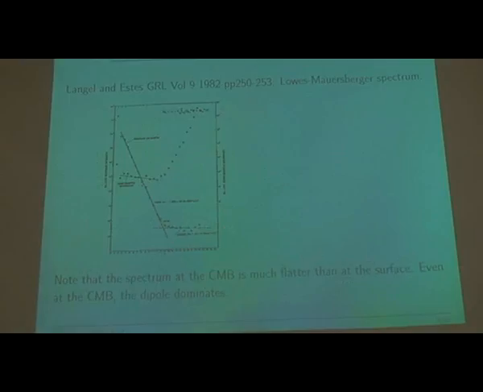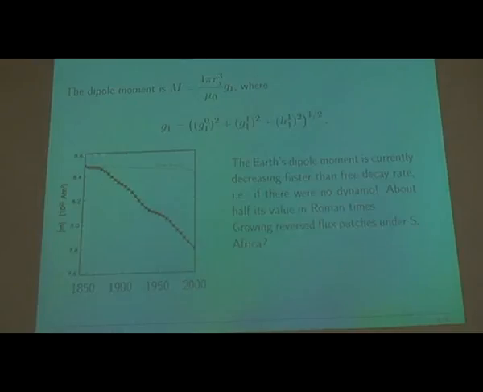Now let's have a look at the spectrum. This is a picture from a famous paper by Langel and Estes, and it's about the Lowes-Mauersberger spectrum, which is the spectrum of the magnetic field inside the Earth. That formula helps to explain it a bit.